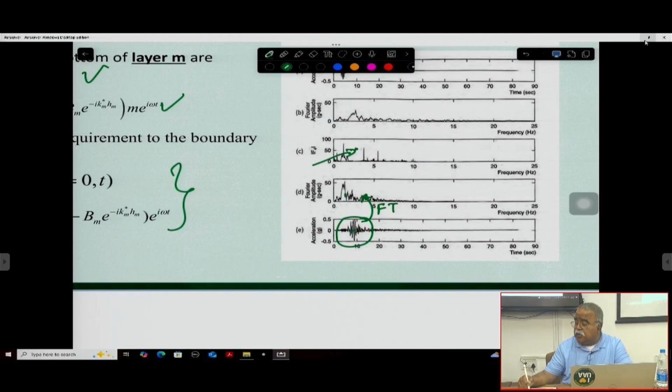So that is your transfer function, and if you multiply this Fourier transform with your transfer function, then you get the acceleration, or the spectral value, at the top of the boundary, at the top of the layers, right?